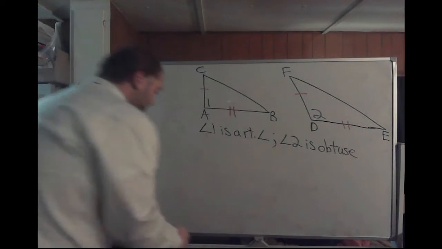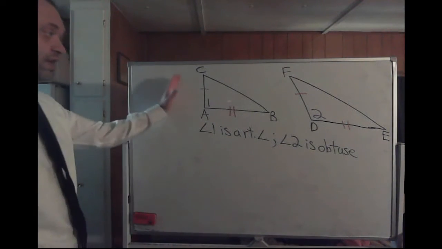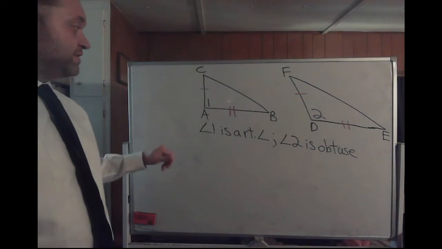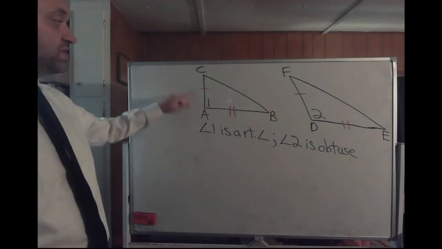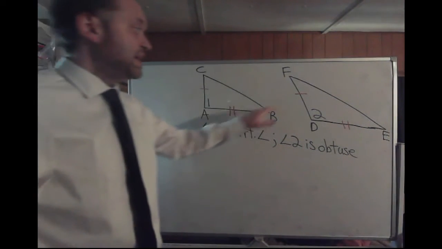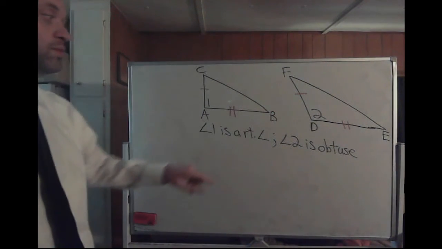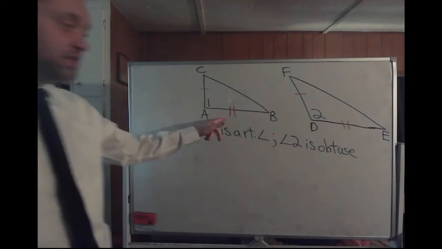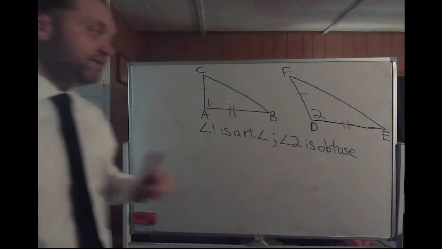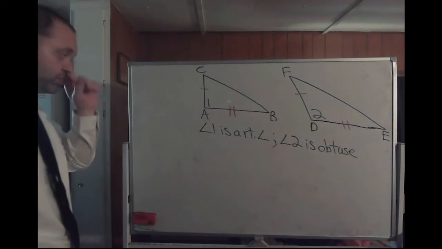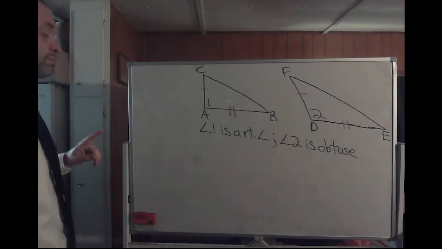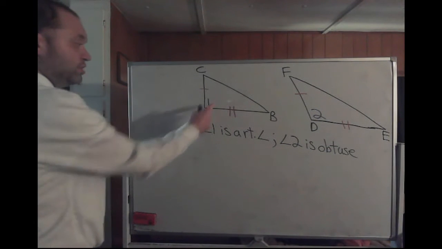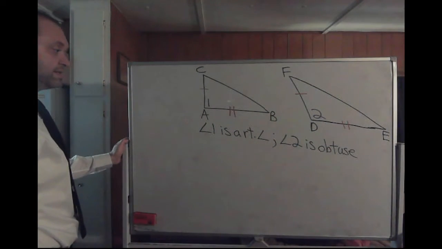Okay, so for these two triangles, triangle CAB and then FDE, we're given that in the first triangle, side CA is congruent to side FD of the second triangle. We're even given that in the first triangle, side AB is congruent to side DE. So we have two congruent sides. That much is true. But we're given in the first triangle that angle 1 is a right angle, meaning it's 90 degrees.